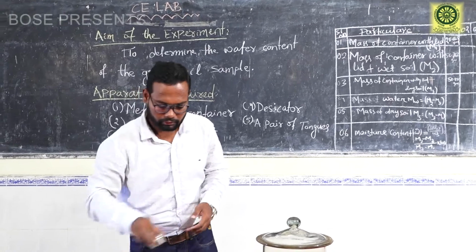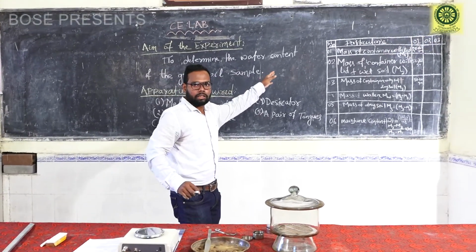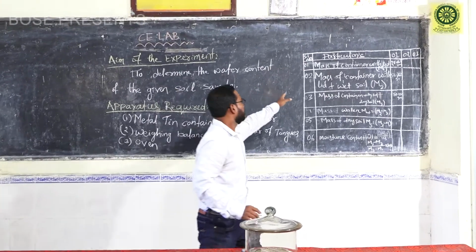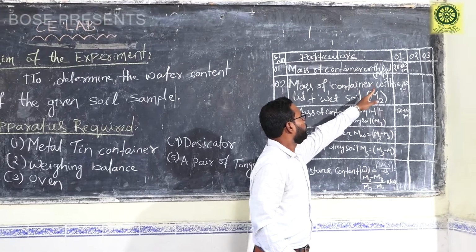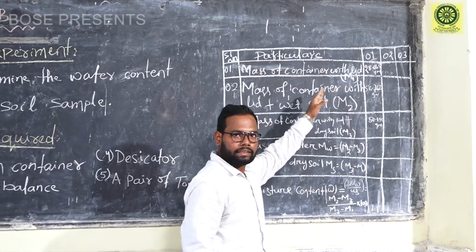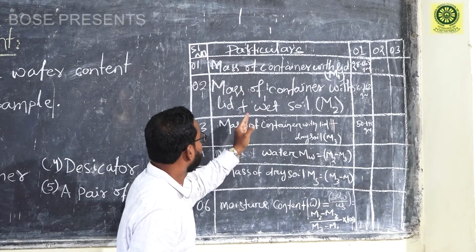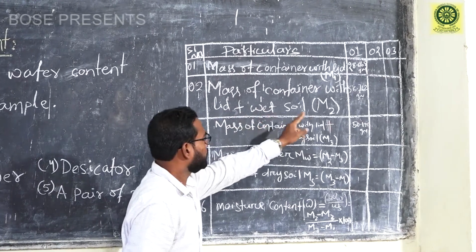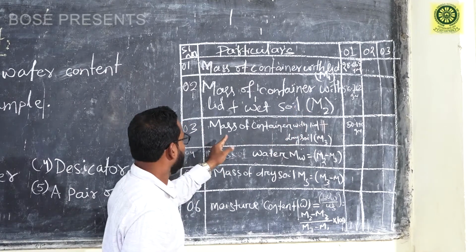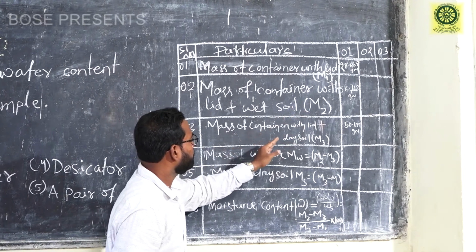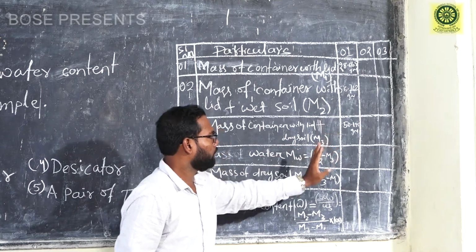Look at the blackboard now. What we observed from this experiment: the mass of container with lid, M1, is 28.665 gram. Next is the mass of container with lid plus wet soil, M2, equal to 56.762 gram, and next is the mass of container with lid plus dry soil, M3, which is 50.135 gram.